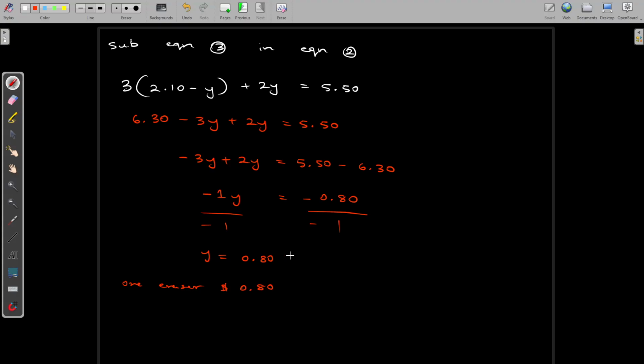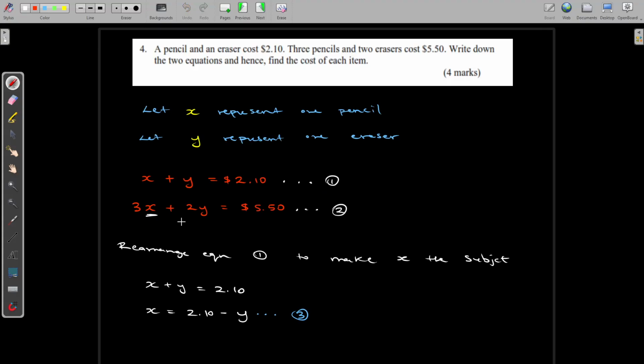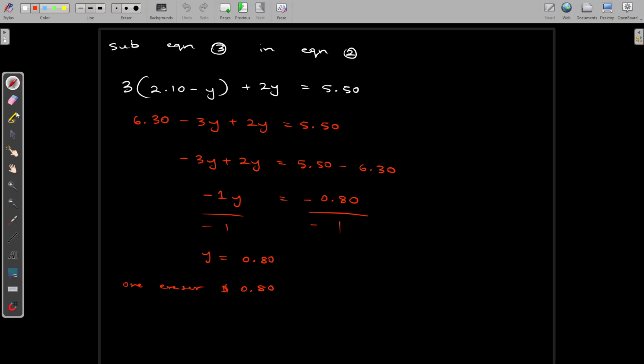So we know what y is. In order to find x, we simply substitute in this equation. X is equal to $2.10 minus y. And we just figured out that y is 80 cents, so let's do that. So x is equal to $2.10 minus y, which would have been 80 cents. So x is equal to $1.30.